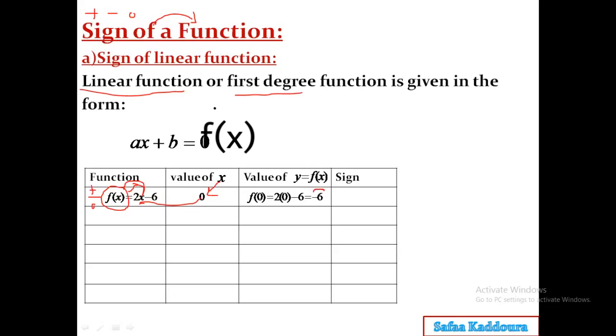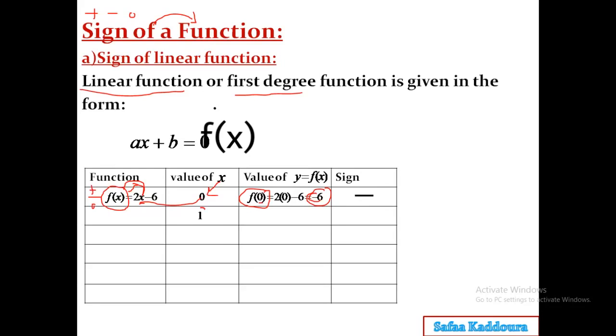The answer is minus 6. I don't care for the number, I want to see the sign. Its sign is negative. So, when x is 0, the sign of f of x is negative.